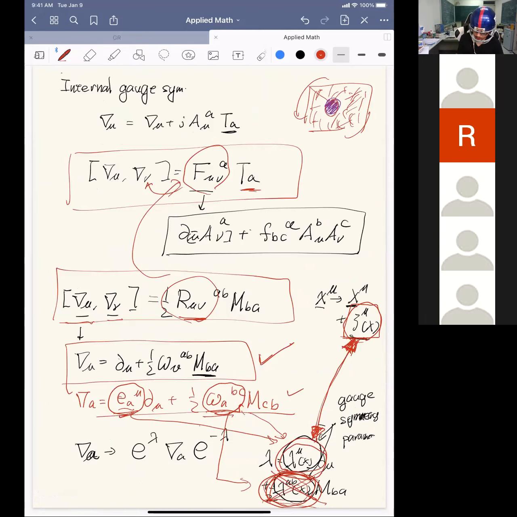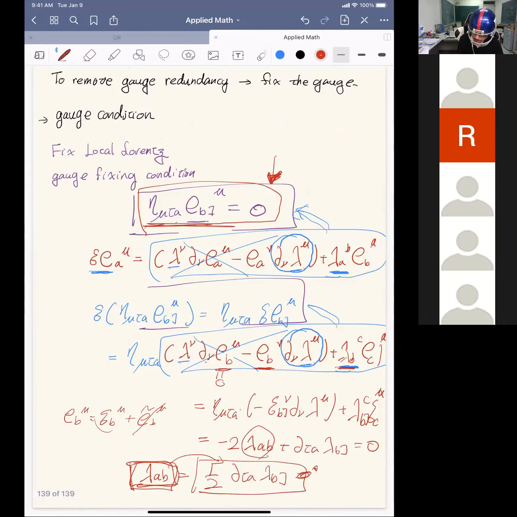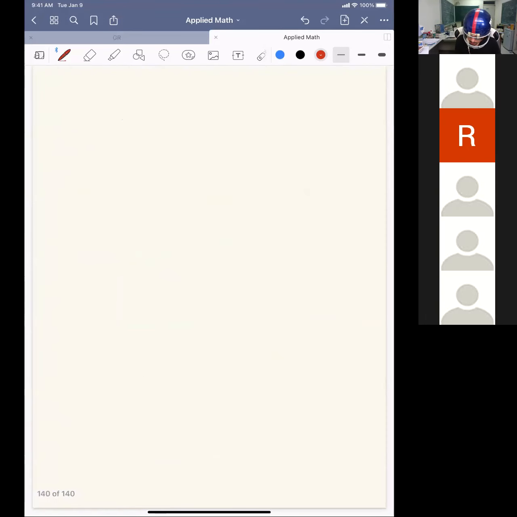But I'm not done. You can say, hey, don't I still have the gauge connection for the local Lorentz? Don't I have more degrees of freedom? Well, indeed you have, but these can also be removed. So this is the punch.